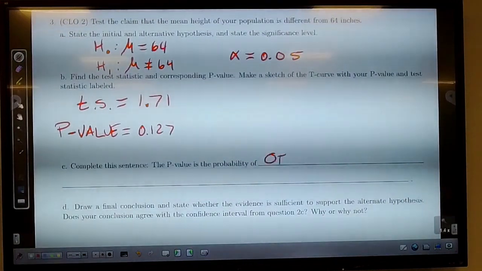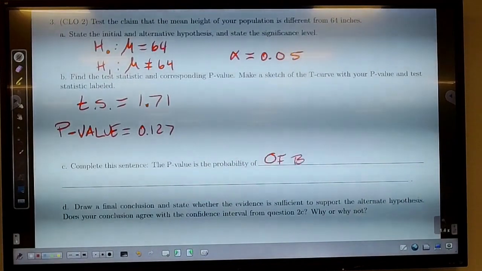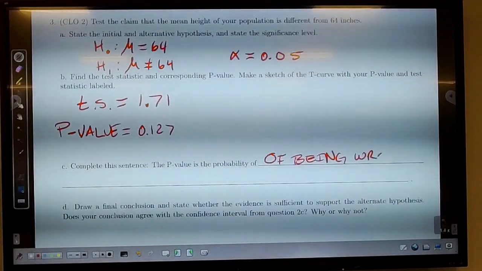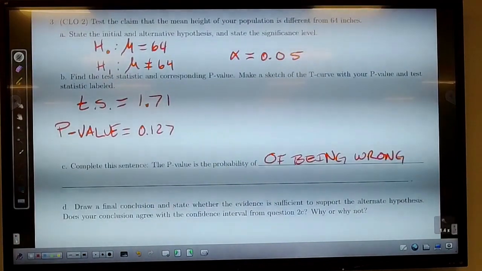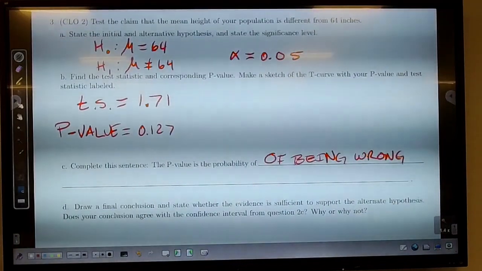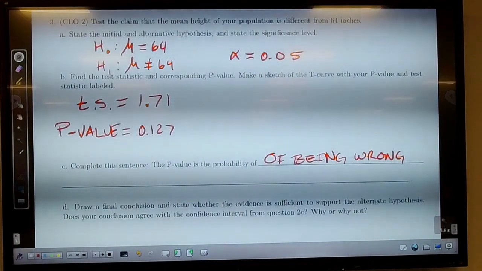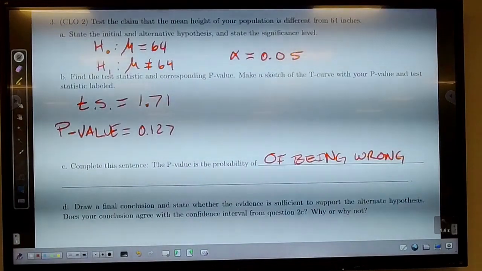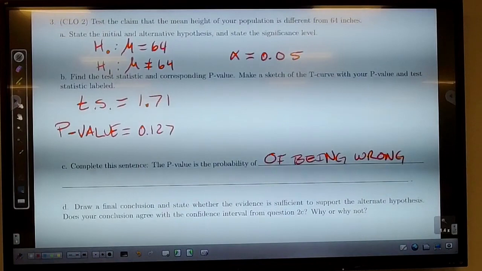Of being wrong. Is that it? Yeah, it's the probability of being wrong if you reject H0.